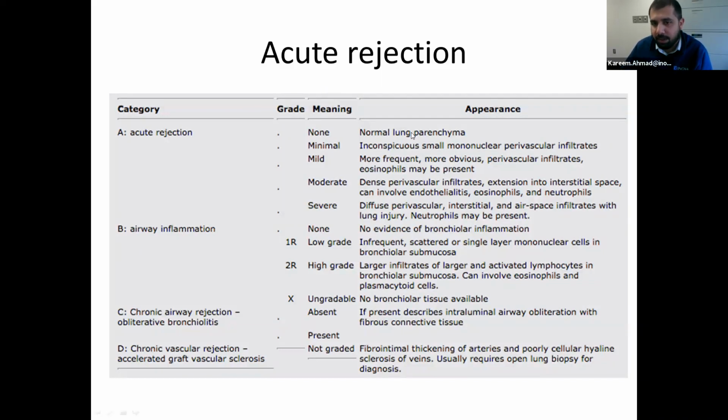And so if you look at the classifications, you can see it starts from normal lung parenchyma under the microscope, all the way to the point that you have diffuse perivascular, meaning the white blood cells have infiltrated around the blood vessel, within the interstitium that connects the blood vessel to the lung tissue, the airspace, and then actually within the airspace itself.